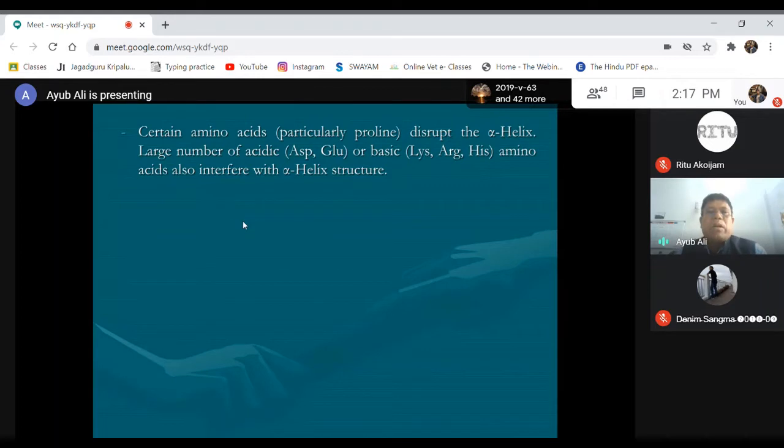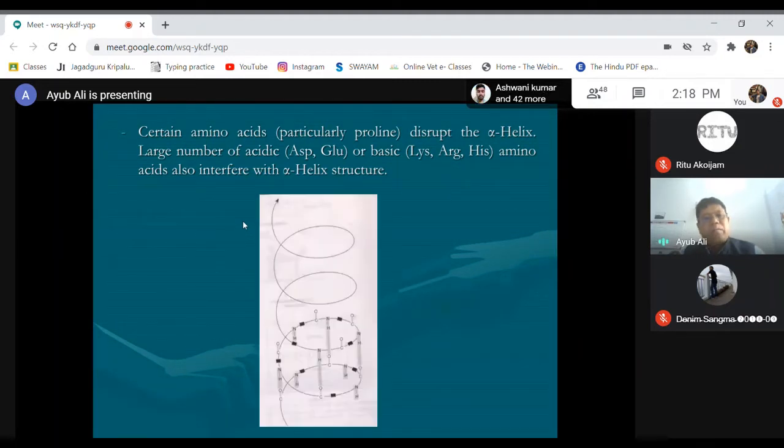So the amino acids that destabilize the alpha helical structure are proline, the acidic amino acids aspartic acid and glutamic acid, and the basic amino acids lysine, arginine and histidine.